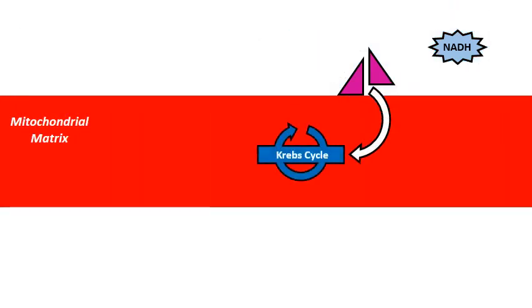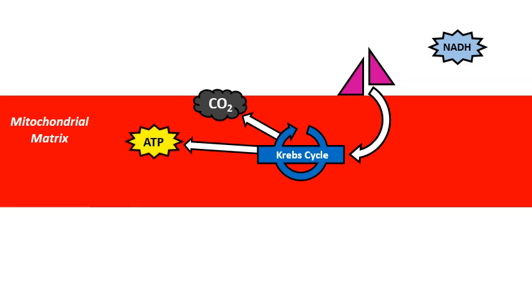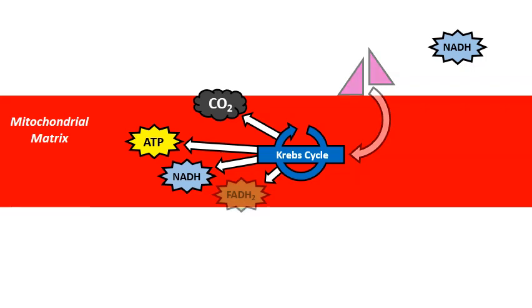From there, those pyruvic acids bind with an enzyme and create this thing called acetyl-CoA, which then travels into the mitochondrial matrix and goes through the Krebs cycle. In the Krebs cycle, it produces carbon dioxide gas, some ATP, and two other energy molecules, NADH and FADH2.